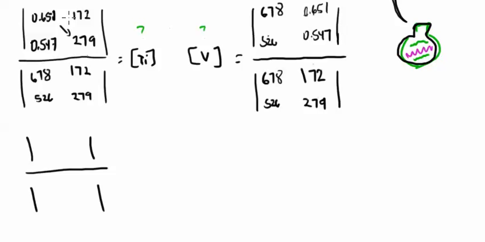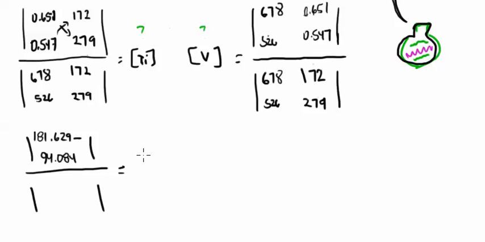When you do that, 0.651 times 279, you'll get 181.629, and then you cross multiply the other two. 0.547 multiplied by 172, and you're going to get 94.084, and you subtract those two numbers. That's how we calculate the determinant.